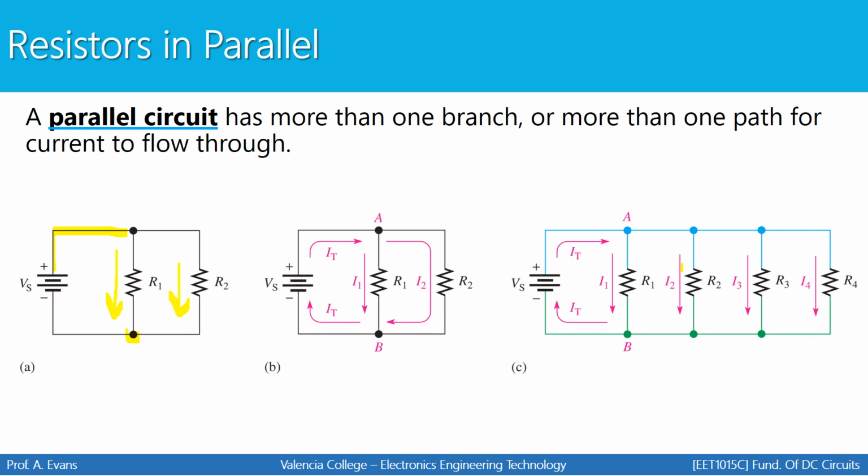It'll split again, and again. Notice that all of the current recombines down here at point B. So the total current that ends up going back into the voltage source is the same amount of current you started out with. So with a parallel circuit, the current will split, take two or more paths, and then recombine, giving you the total that you began with.